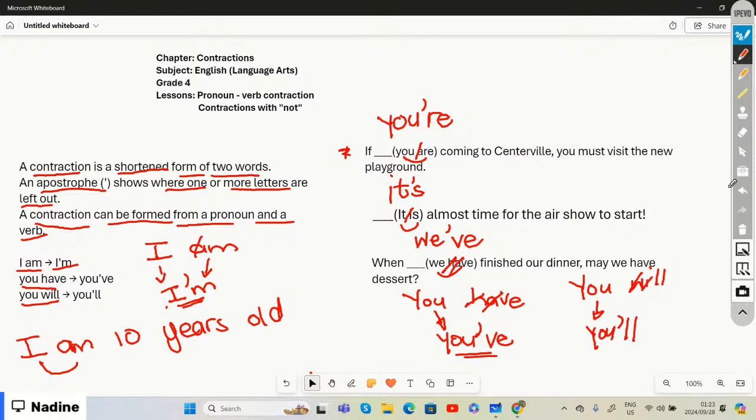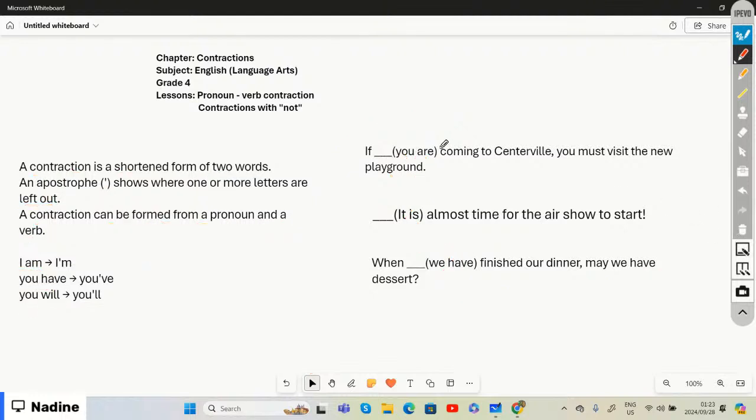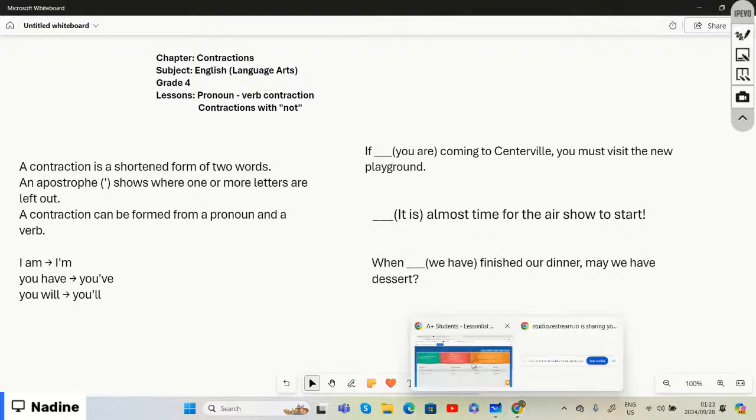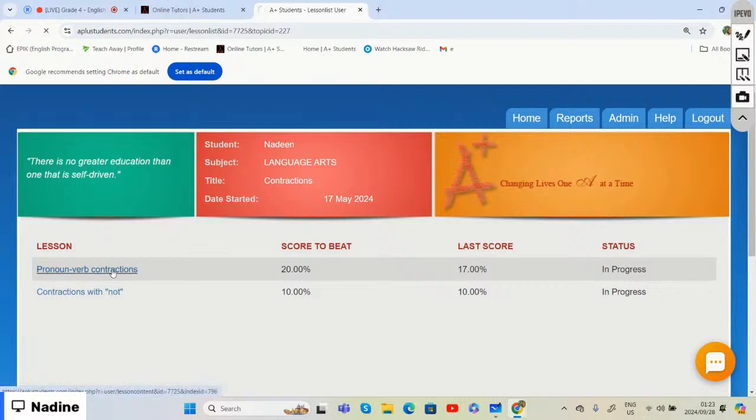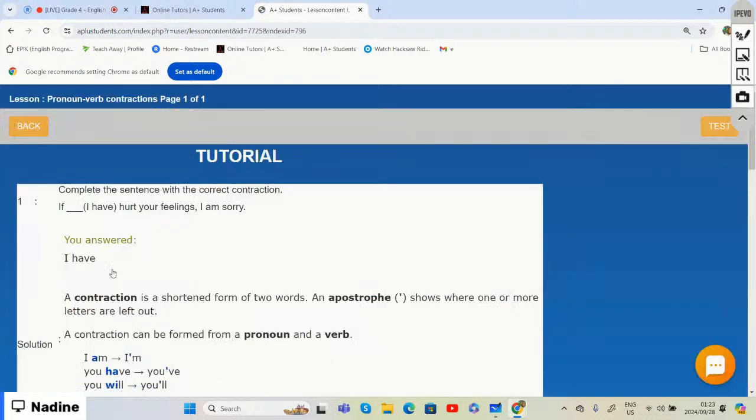So now we're going to A plus students.ca, and we are going to use pronoun verb contractions. We're not there yet. And we're going to use the pronoun verb contraction.